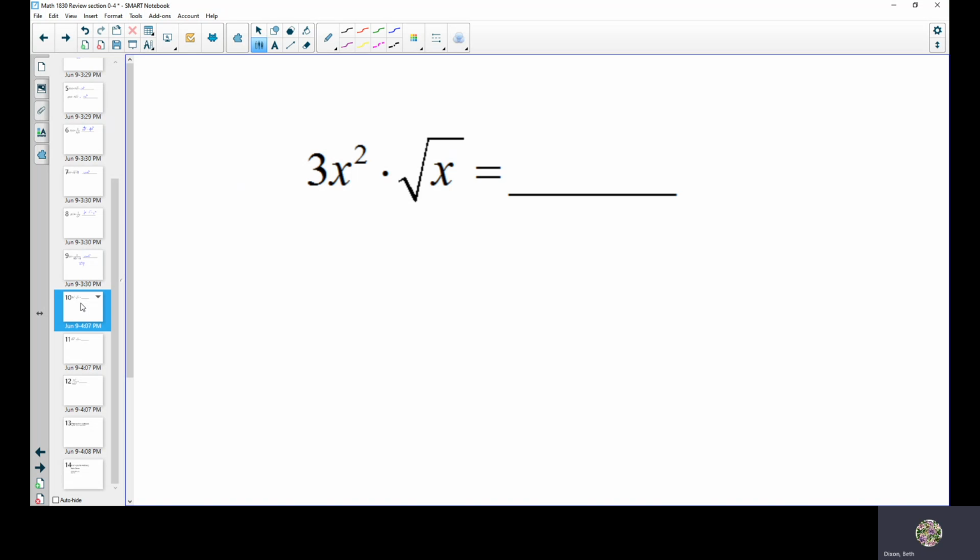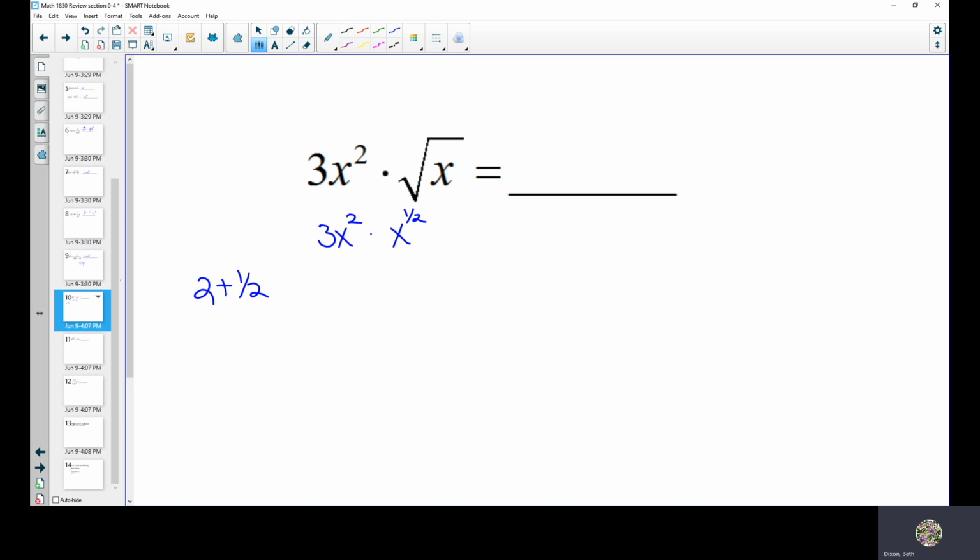So as we look at this, this is 3x squared times the square root of x. We're going to rewrite that x as x to the 1/2 power. Then we need to add our exponents. So what is 2 plus 1/2?